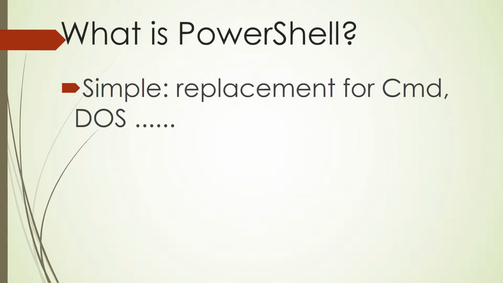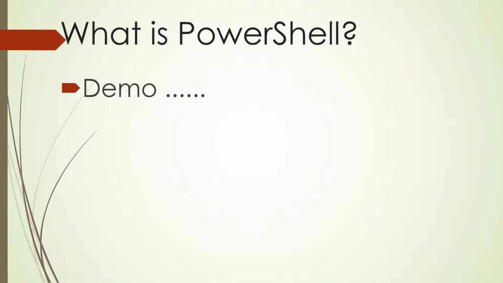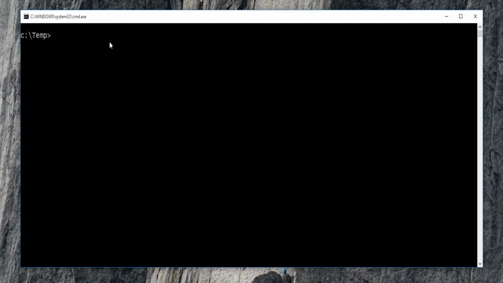What is PowerShell? In simple terms, in Windows, it's a replacement for command prompt, or DOS, if you still remember this old days jargon. In this short demo, we will use the command dir to list the files both in command prompt and PowerShell.